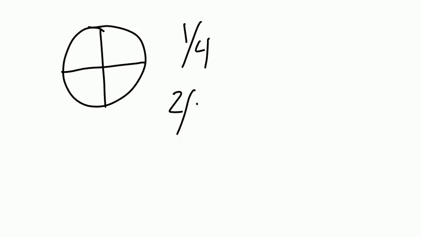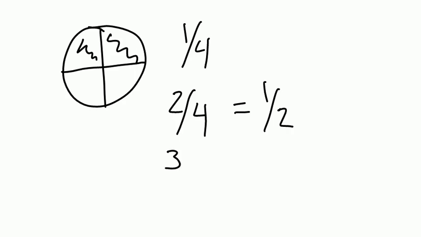If we break this into 4 pieces, if you had 1 piece, you had 1 out of 4 pieces. If you had 2 pieces, you had 2 out of 4, which also equals half of the entire pizza.